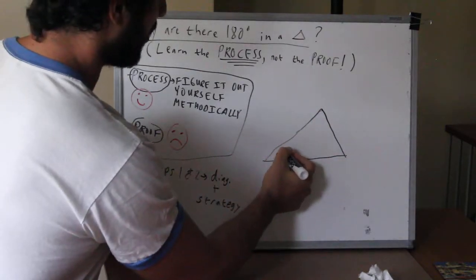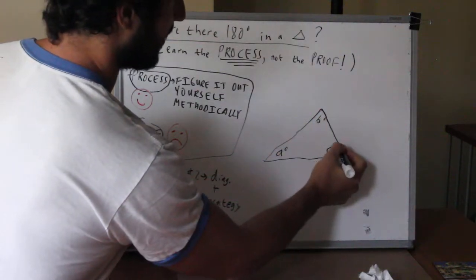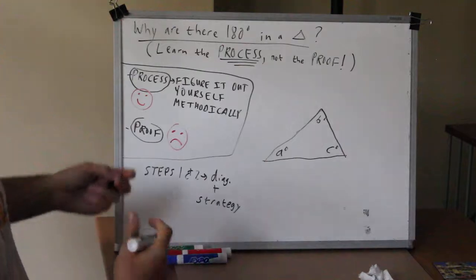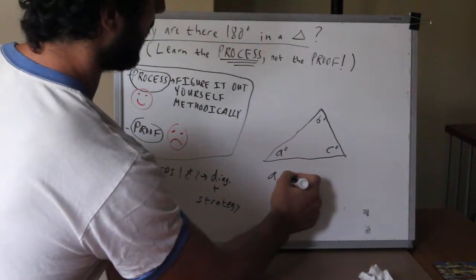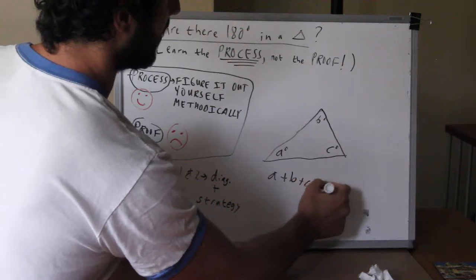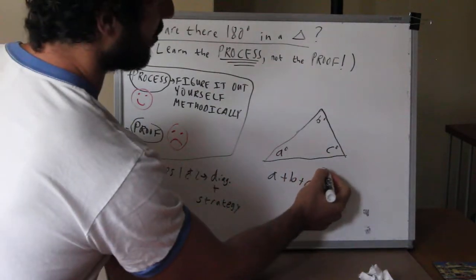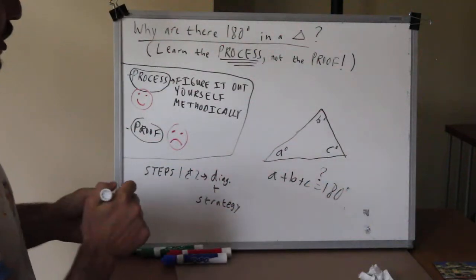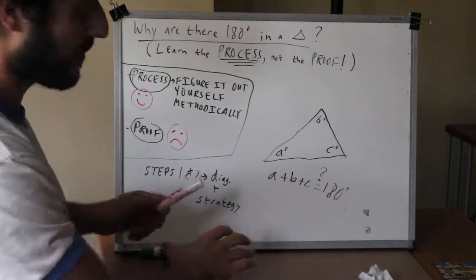I'm just going to call this A degrees, B degrees, and C degrees. So in essence, what are we trying to show? We're trying to show that A plus B plus C is 180. So I'm going to put a question mark here because we didn't show that yet, but that's what we would like to show.